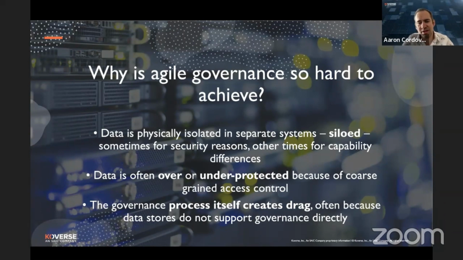Another big issue that I'll get into in pretty good detail is that data is often over or under protected because of the coarse granularity of access controls. And that can have a big effect on agility because I might actually be allowed to see certain portions of a data set, but because I can't see all of it, and because the access controls aren't fine-grained enough, I might not be able to use that data set at all, even though there are parts of it that I should be able to use.